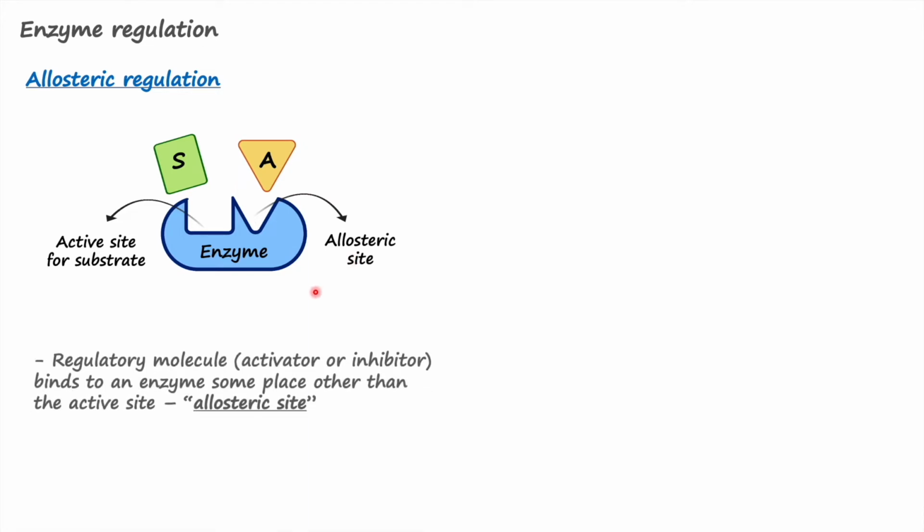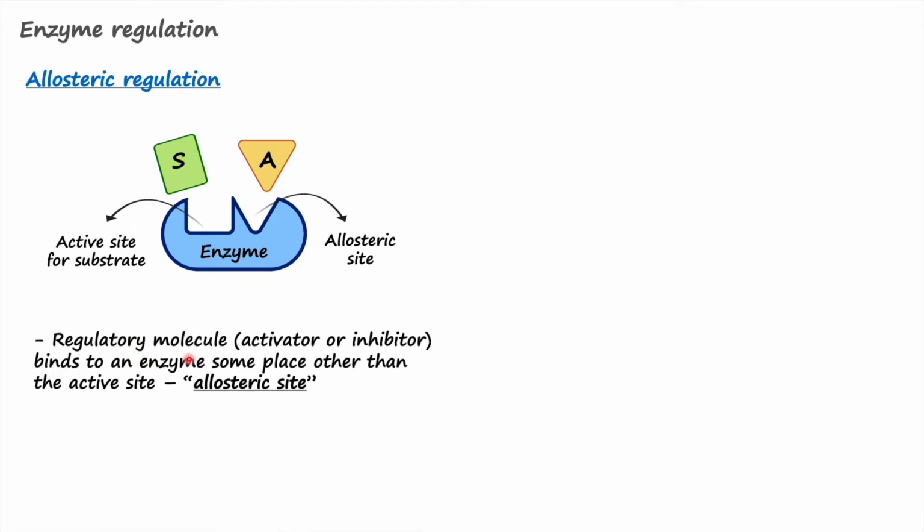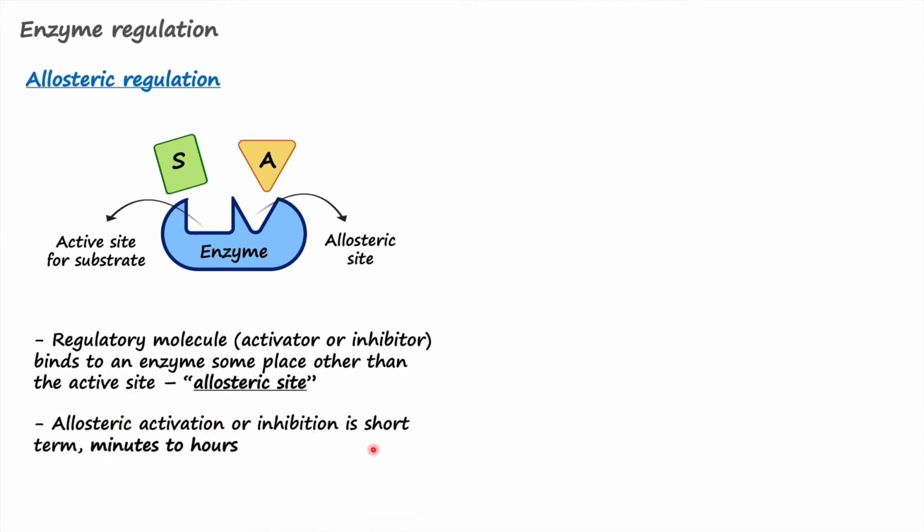At the allosteric site, regulatory molecules, which could be either activators or inhibitors, bind to the enzyme, and this is a site which must be different from the active site, and therefore it is called the allosteric site. Now, allosteric activation or inhibition of an enzyme is short term, which usually lasts from minutes to hours. So this is allosteric regulation.